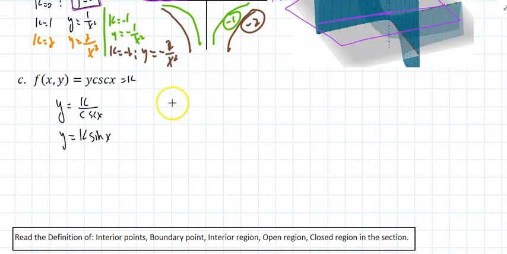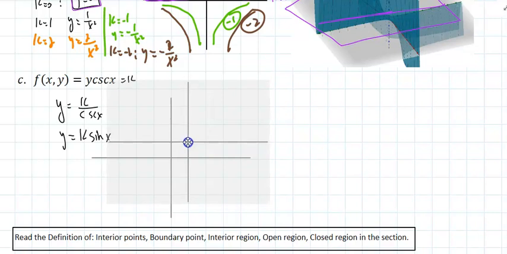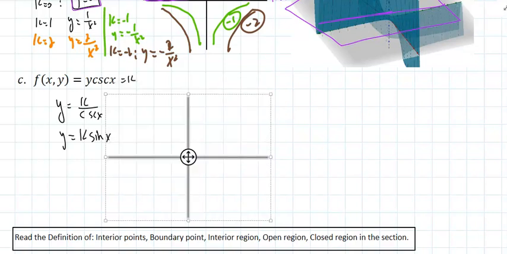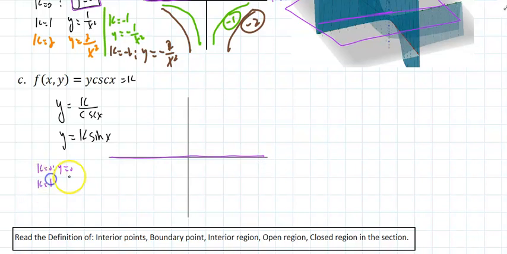If I take k to be 0, y equals 0. If I take k to be 1, y equals sine of x.